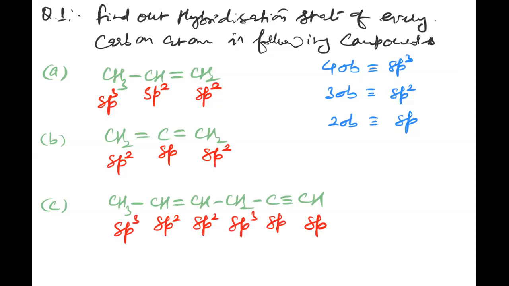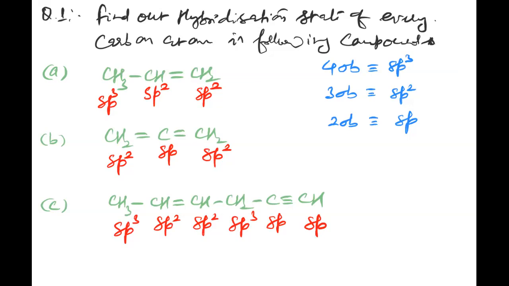They are different hybridization states of different carbons. So you have to just count the number of sigma bonds, particularly the same.